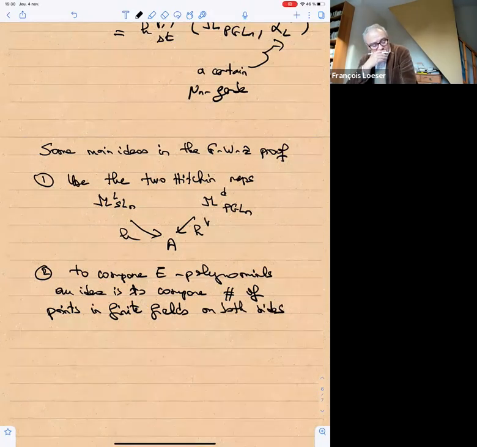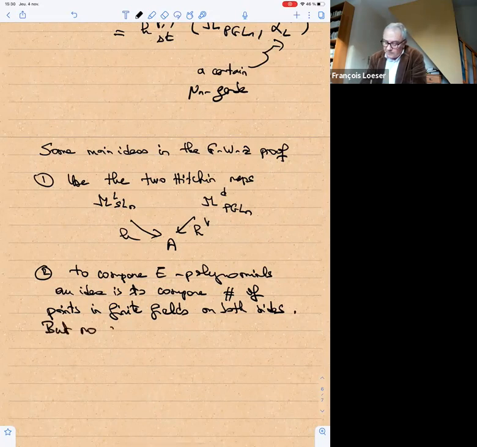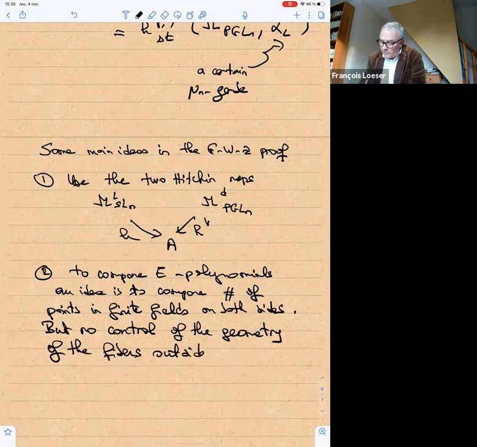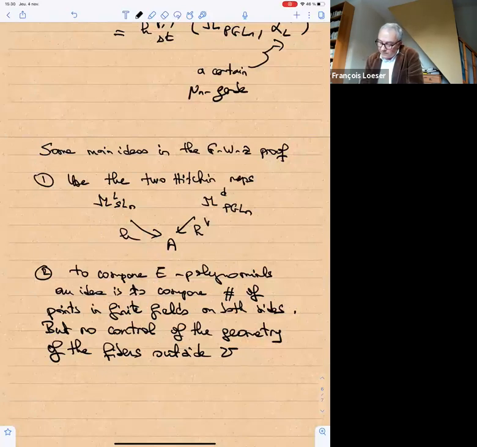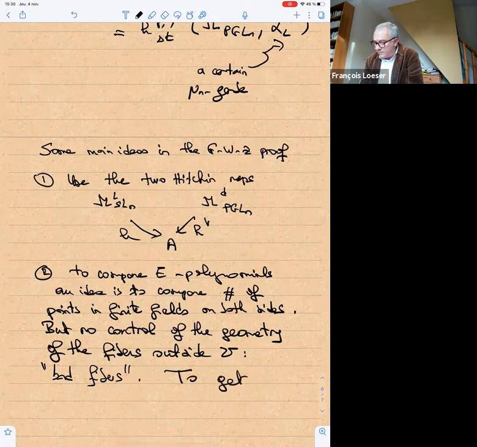But the problem is that there is no control on the bad fibers. So I denoted by U the open set where you have dual fibrations. And the key idea is to get rid of them.